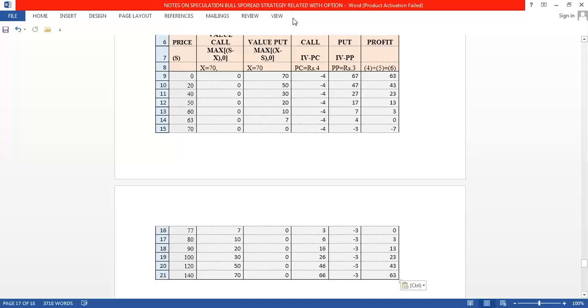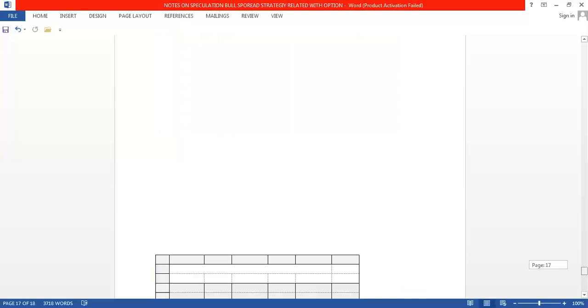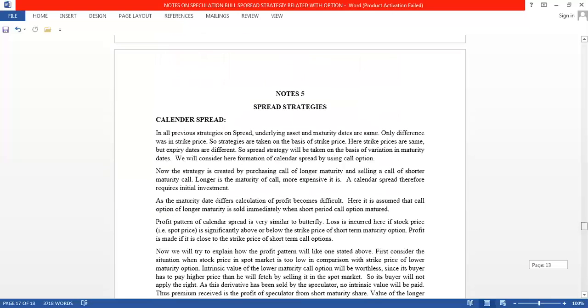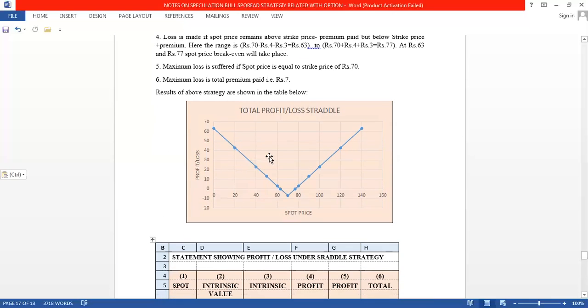If you go through the result and draw a profitability curve, it will be like this. It is a V-shaped curve where x-axis indicates spot price and y-axis indicates profit or loss.